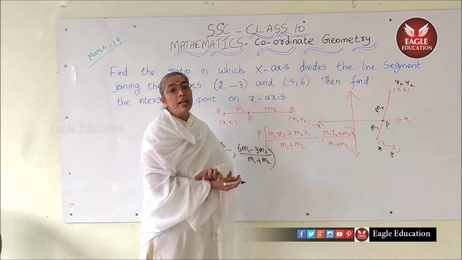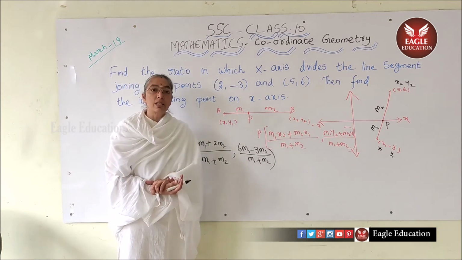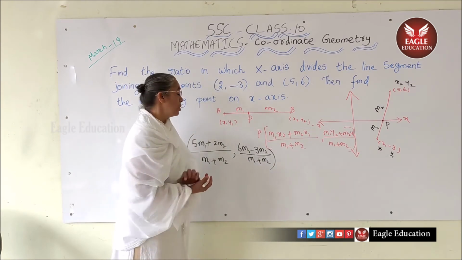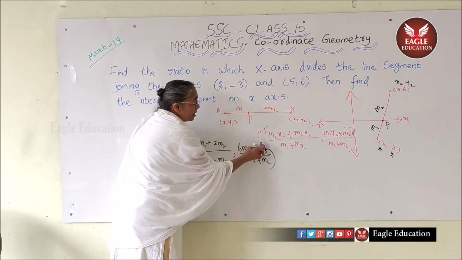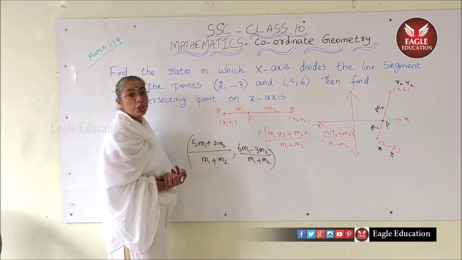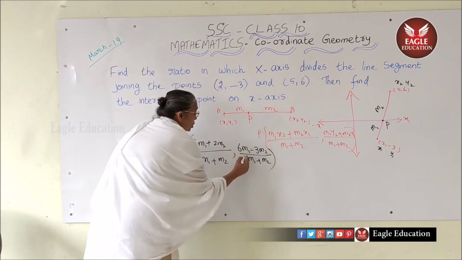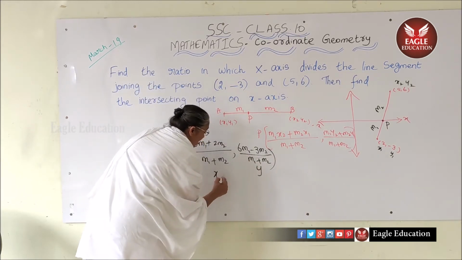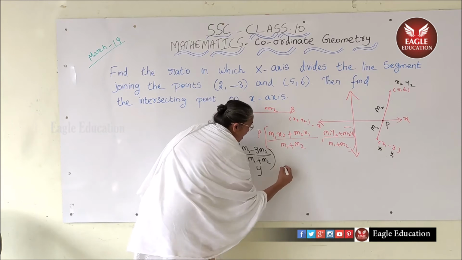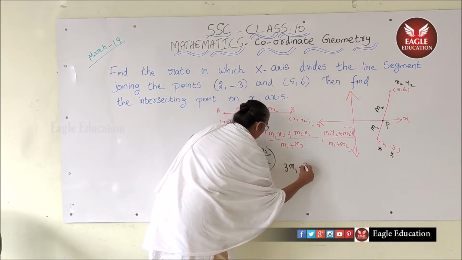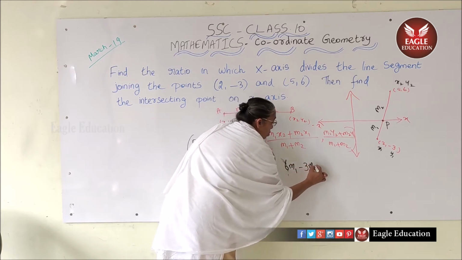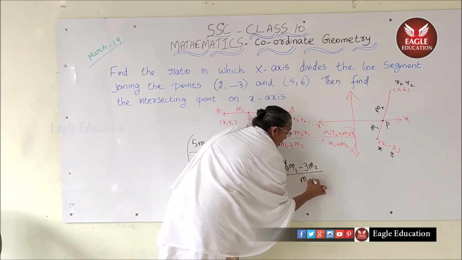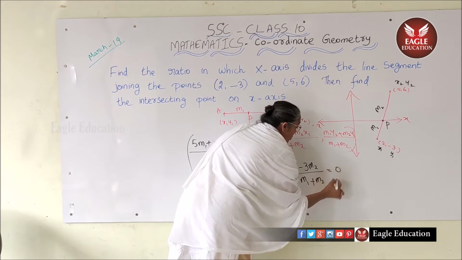And we know very well every point on the x-axis has its y coordinate as 0. So making this y coordinate 0, we can get the value of the ratio m1 by m2. So this is the y coordinate, this is the x coordinate of the point. Equating the y coordinate to 0, (6m1 minus 3m2) divided by (m1 plus m2) is equal to 0.